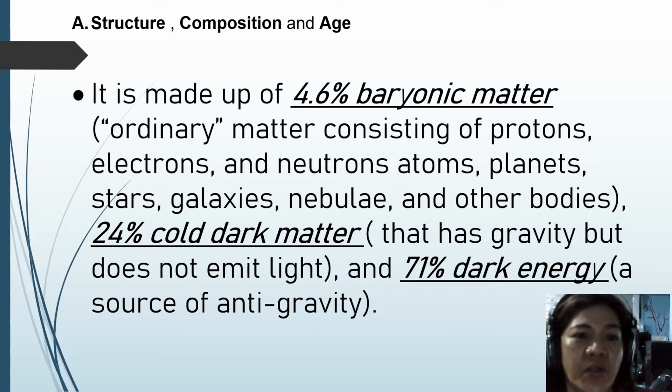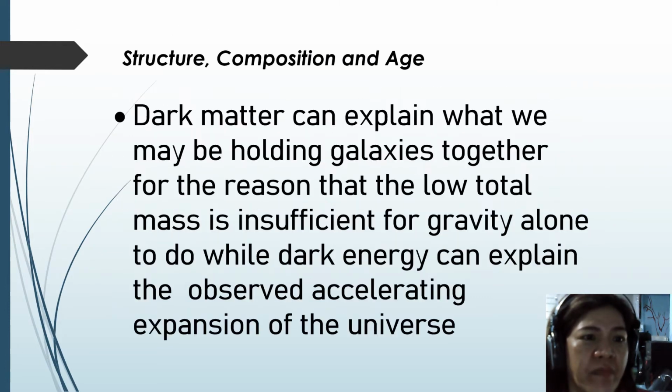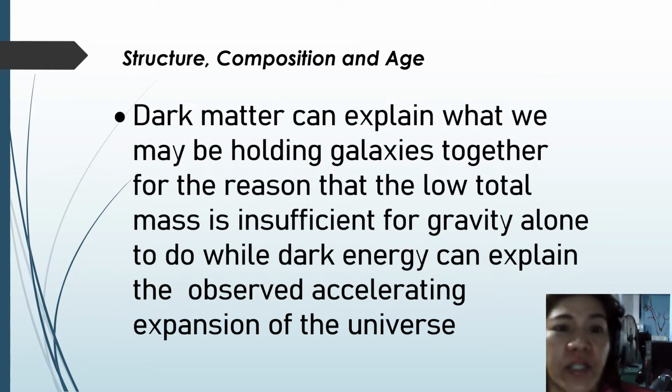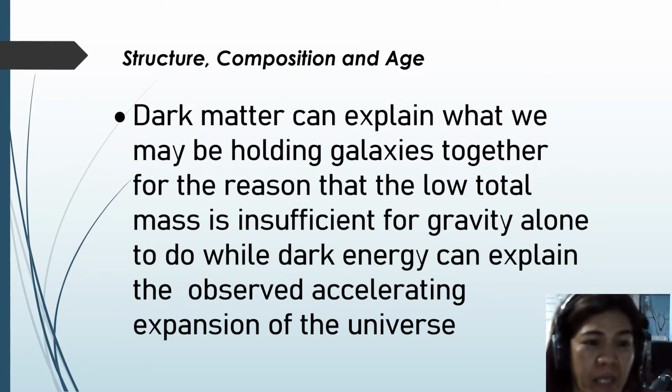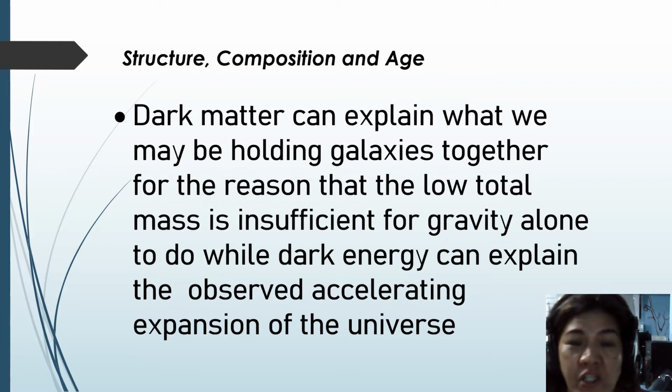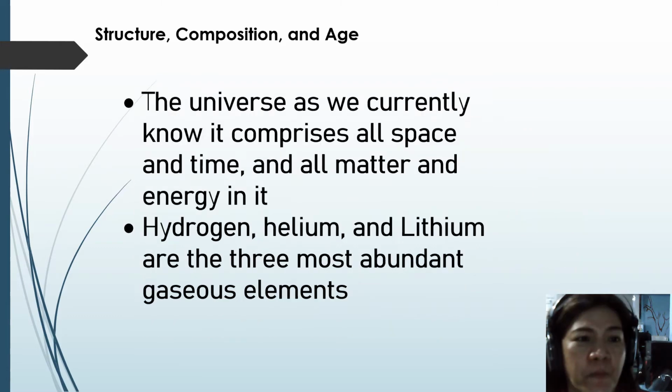Try to listen carefully. Dark matter can explain what may be holding galaxies together, for the reason that the low total mass is insufficient for gravity alone to do so, while dark energy can explain the observed accelerating expansion of the universe.